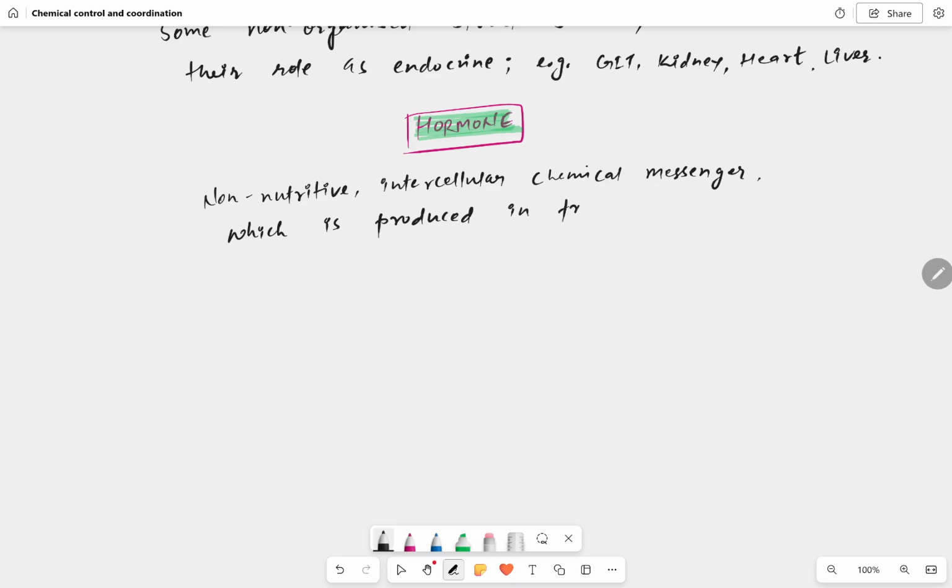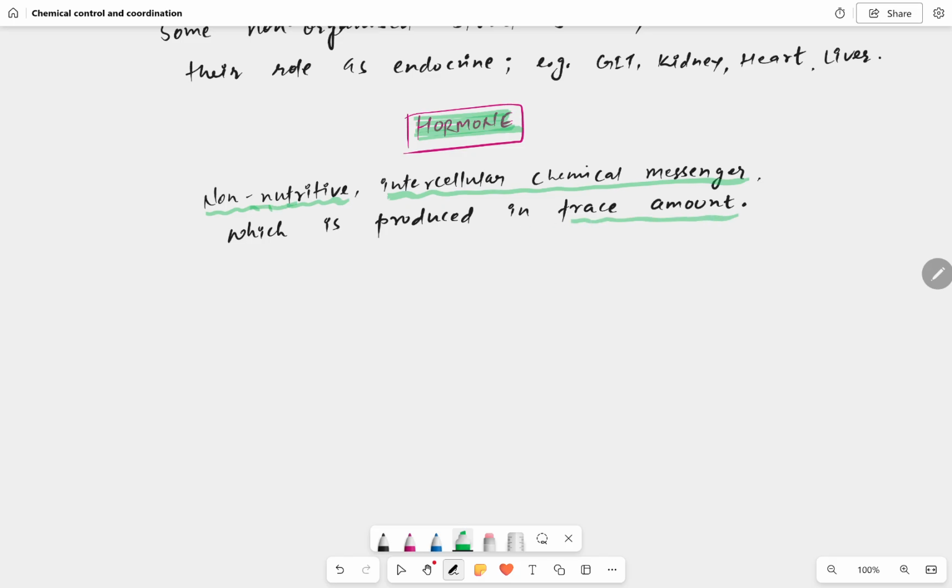So for hormone I have listed here three different terms: non-nutritive, intercellular chemical messenger, and produced in trace amount.